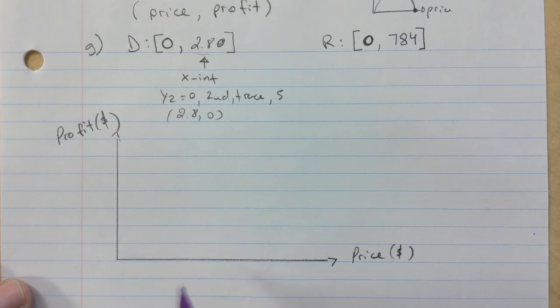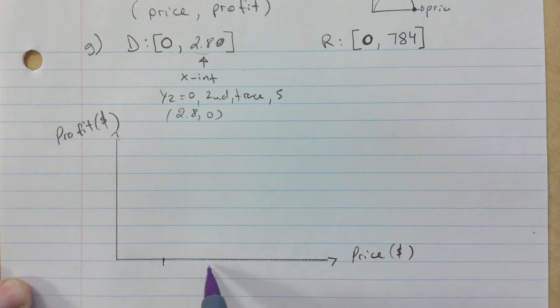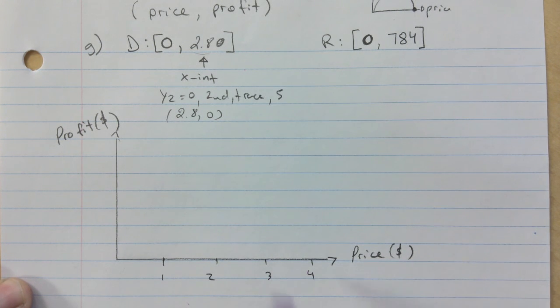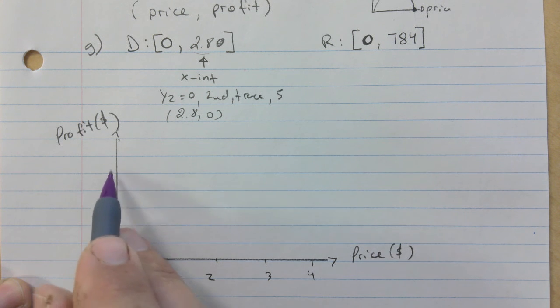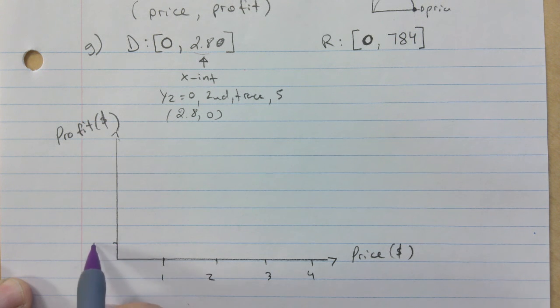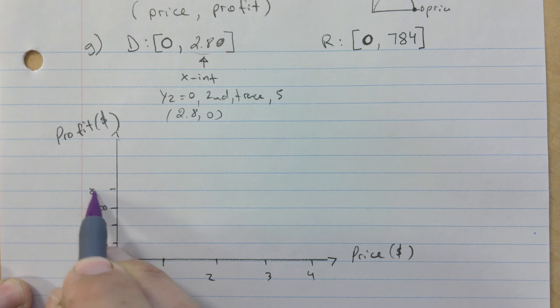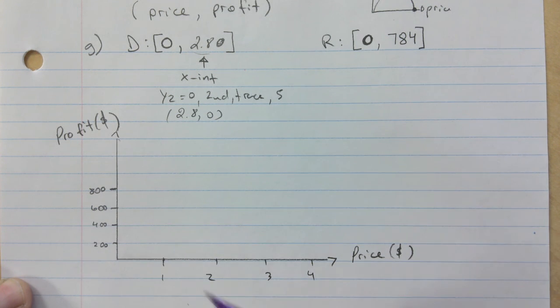And so what are we going to do here? I need to account for at least 280. So 1, 2, 3, 4. That's good. And 780 up here. So 1, 2, 3, 4, 5, 6, 7. I'm going to make this 200, 400, 600, 800, just because I'm running out of space.